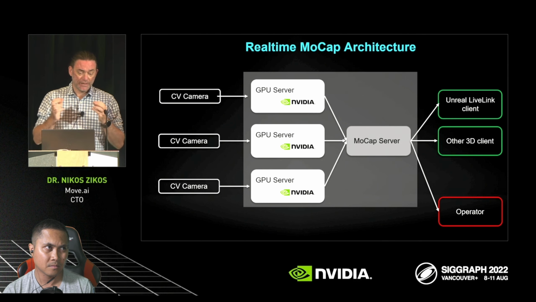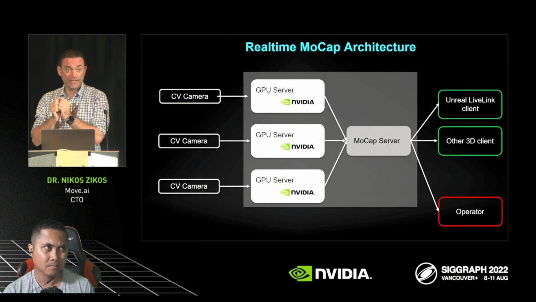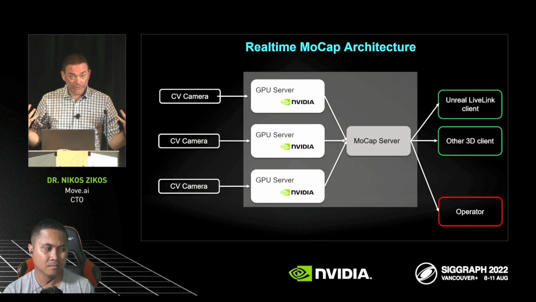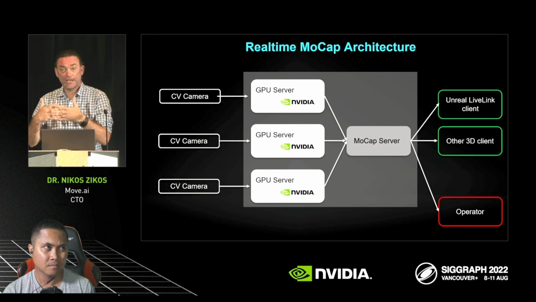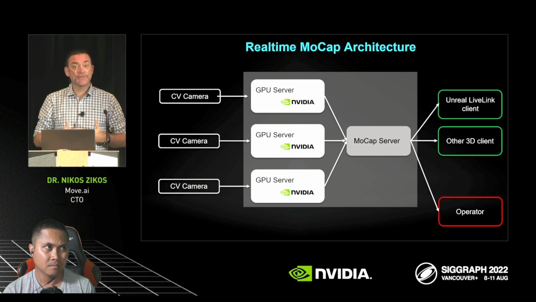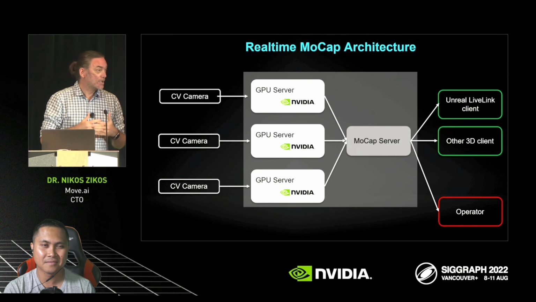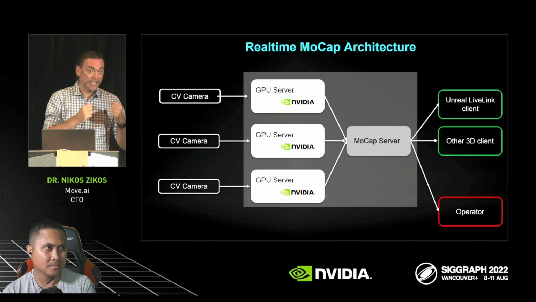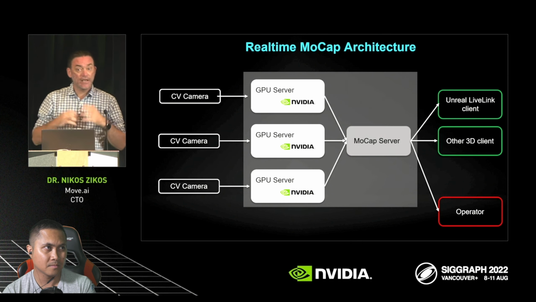But the challenge here is not just the hardware, but also the software. The hardware and the software have to work in harmony. And this was the most challenging part of the real-time system. With NVIDIA, we had a great collaboration, and we're using TensorRT, cuDNN, of course CUDA and everything.